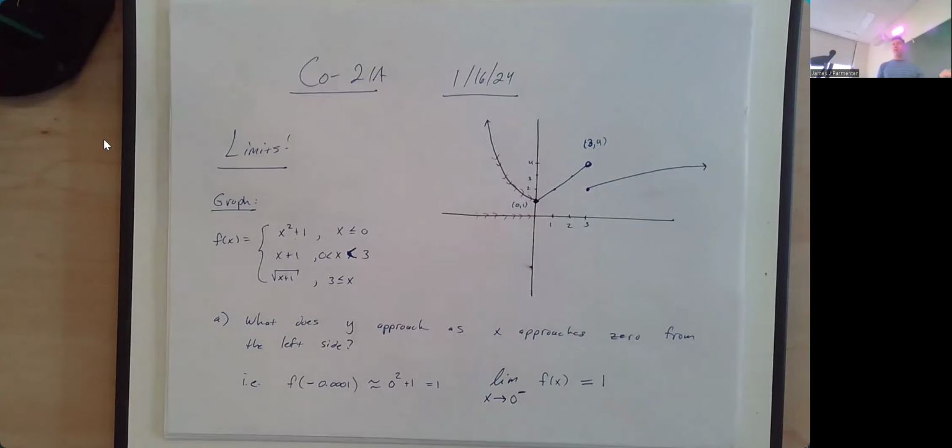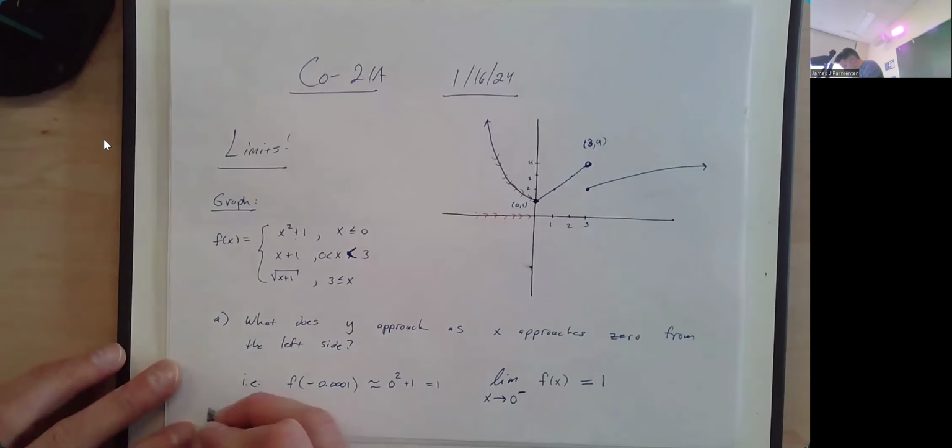And again, I want to be very explicit here: as x gets closer to 0 from the left side of 0, the function gets closer and closer to a y value of 1. That's all we mean. The negative is what's specifying that we are coming in on the left side of 0, or the less than 0 side.